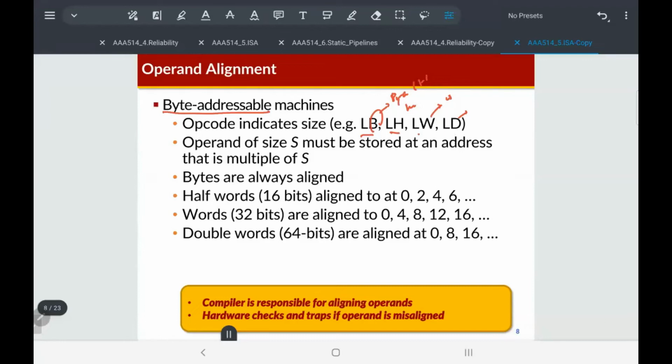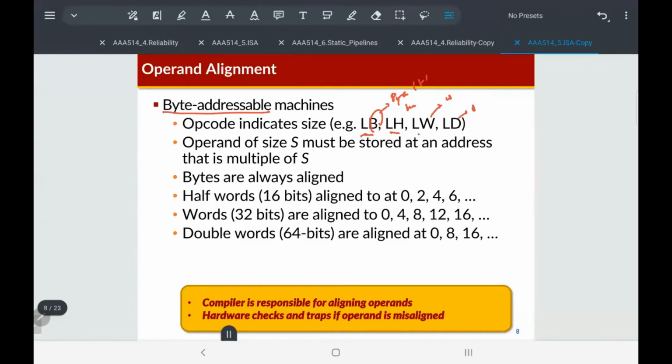So the byte is 1 byte, so 8 bits. Then half word is 2 bytes. The word means 4 bytes. Then the double word means 8 bytes. So we can specify the size of operands in the load instruction like this.